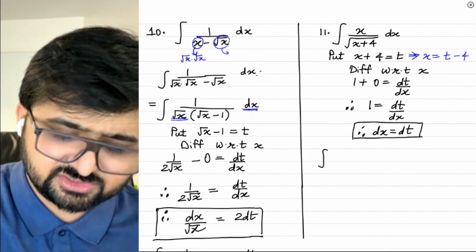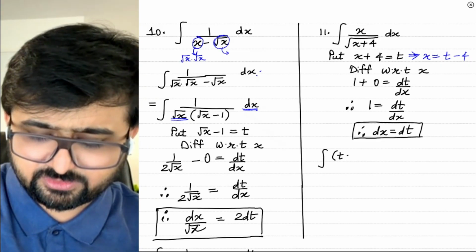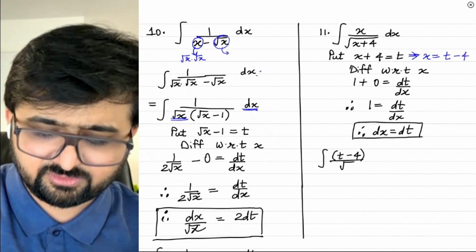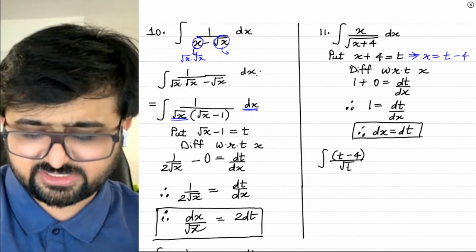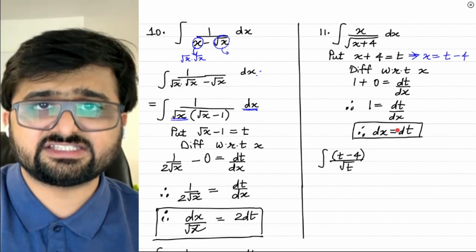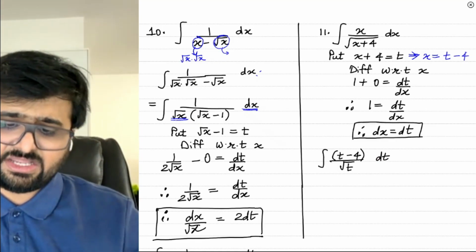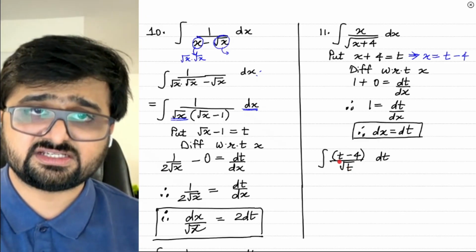So we have integration of x, which is nothing but t minus 4, divided by square root of, we know x plus 4 is t, so square root of t, and this dx is nothing but dt. So dx, we can just replace it with dt. Now it is very simple to integrate because this is just a simple split.